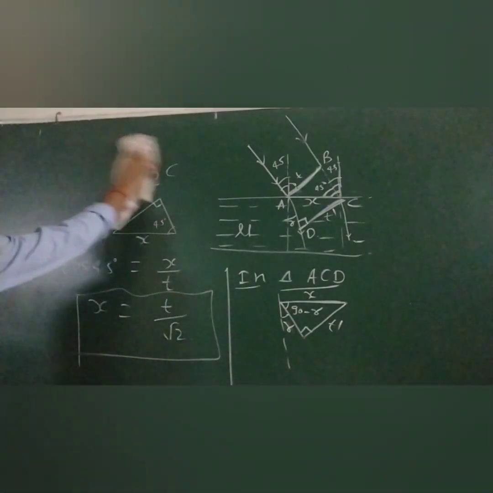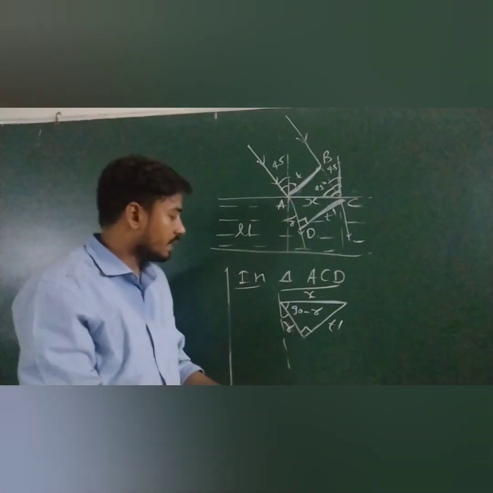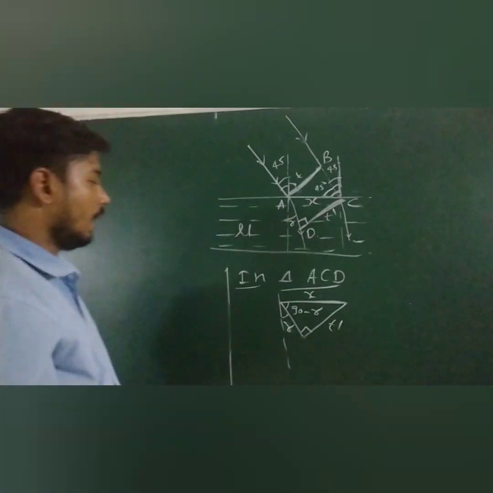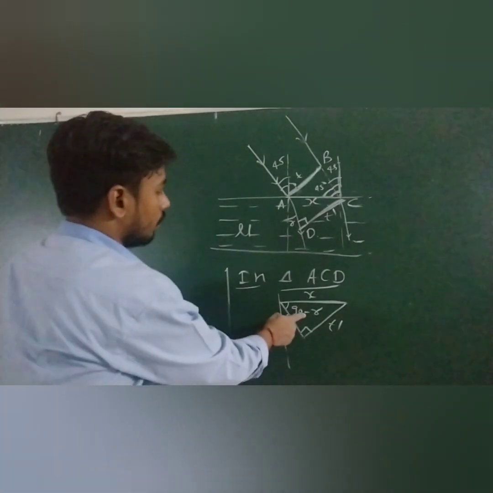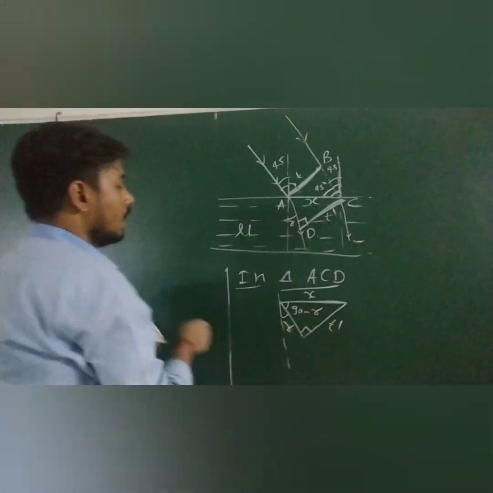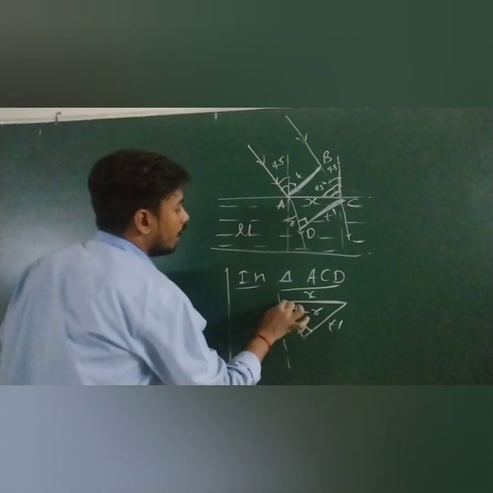So in this triangle, don't apply cos, apply sine. Sine of 90 minus R is perpendicular by hypotenuse.